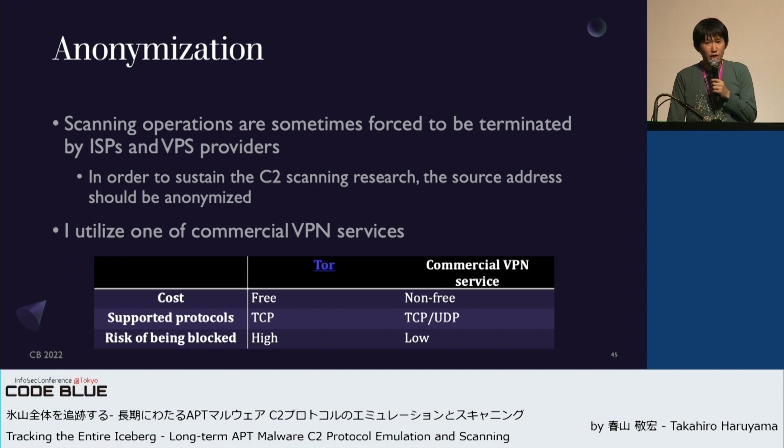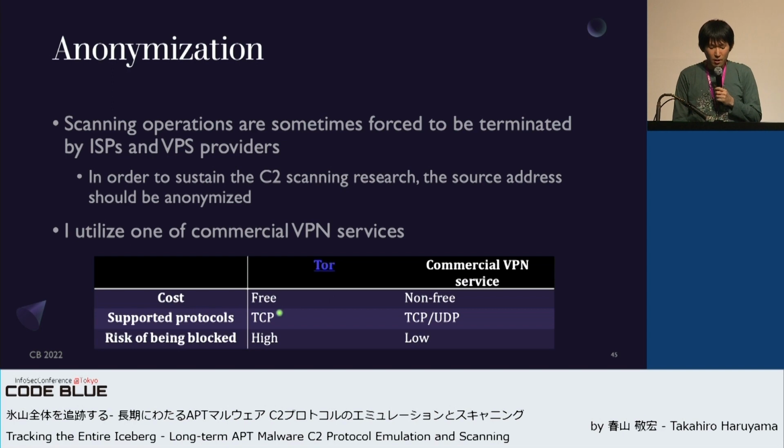Another consideration is anonymization. Scanning operations are sometimes forced to be terminated by ISPs and VPS providers due to abuse reports. In order to sustain the research, the source address should be anonymized. There are two anonymization methods using Tor and commercial VPN service.